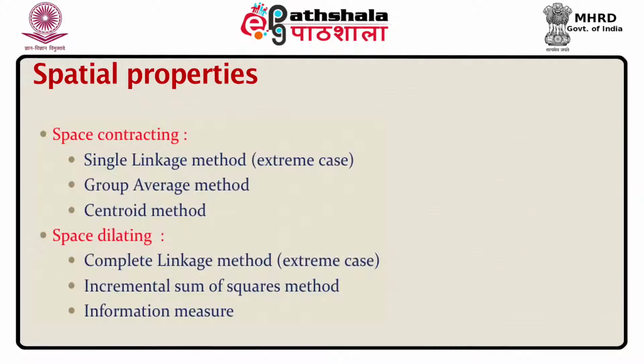Now very quickly, let us go back and think of the example. If you look at the single linkage method, since it's space contracting, the height is not so high. So the clusters come together very quickly. But if you look at the complete linkage method, we found that the height was much higher.